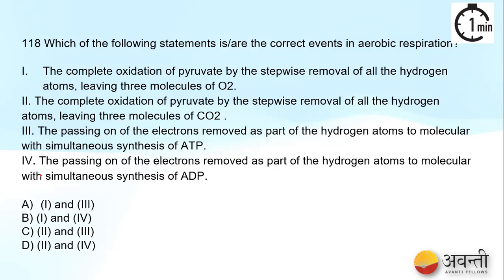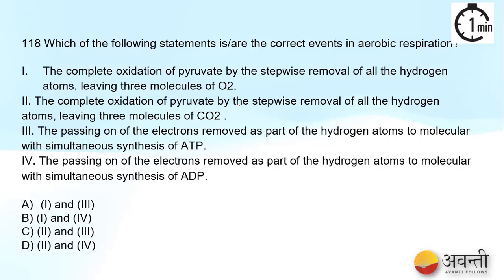Complete oxidation of pyruvate by the stepwise removal of all hydrogen atoms, leaving 3 molecules of carbon dioxide. The passing of the electrons removed as a part of hydrogen atoms to molecular oxygen, which stimulates the synthesis of ATP. The passing of the electrons removed as a part of hydrogen atoms to molecular oxygen, which stimulates the synthesis of ADP. We have to choose which are the correct events with respect to aerobic respiration.